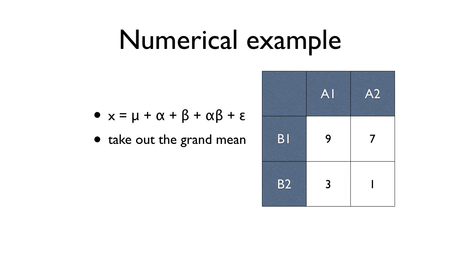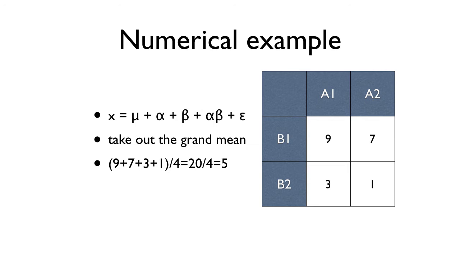So the most general thing is the grand mean. Well, what's the grand mean? 9 and 7 is 16, and 3 is 19, and 1 is 20, divided by 4, because there are 4 cells, is 5. There's nothing fancy going on there. I got the average of 4 scores. That's all I've done.